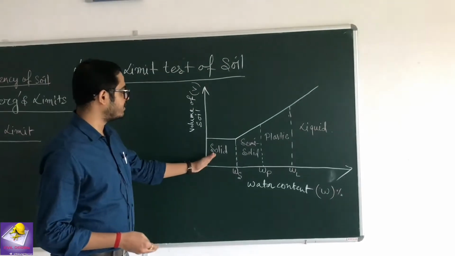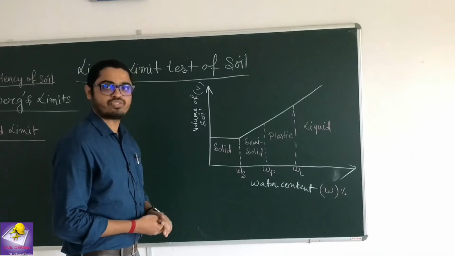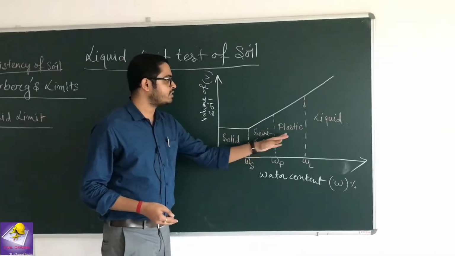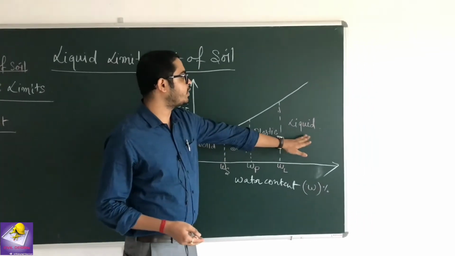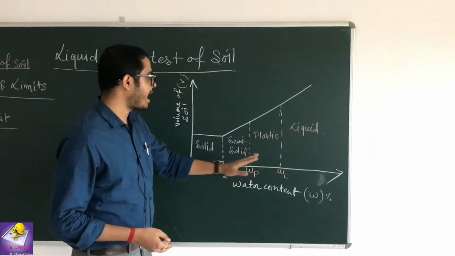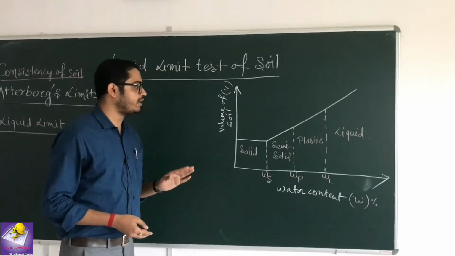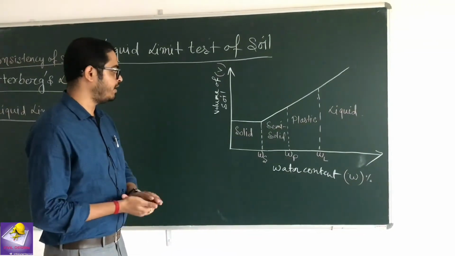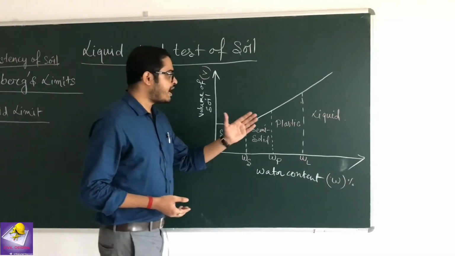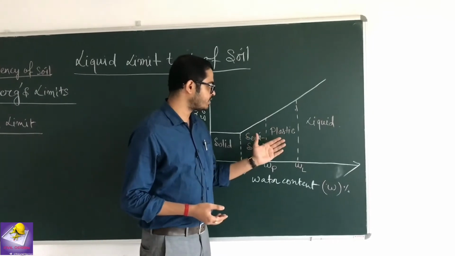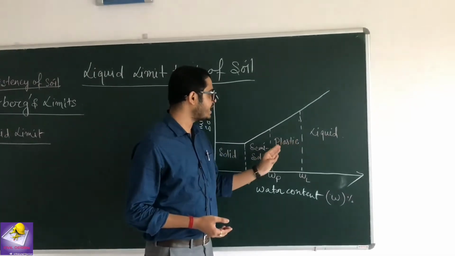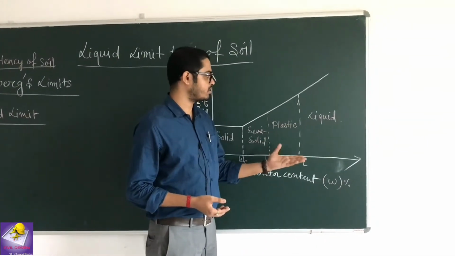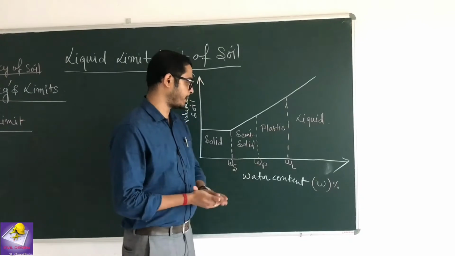There are 4 different phases of soil. First is solid, then semi-solid, then plastic, and then liquid. As our topic is liquid limit, we can define the liquid limit as the phase when soil changes from plastic to liquid, or rather liquid to plastic.